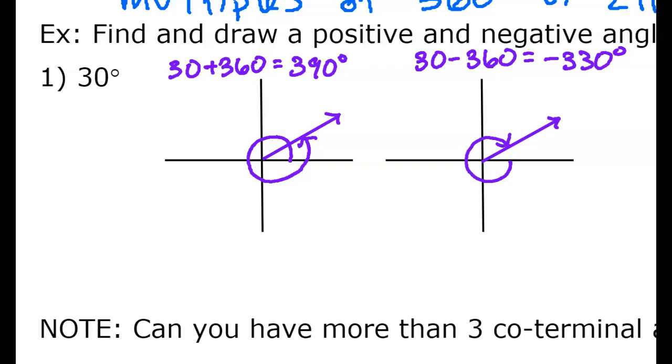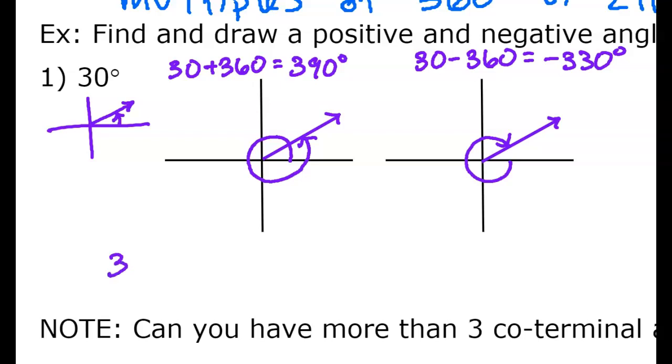So you would say here that these are 3 coterminal angles. They all end on the exact same vector, just in different ways, right? This original 30 would have just been this. This is our 30-degree angle.